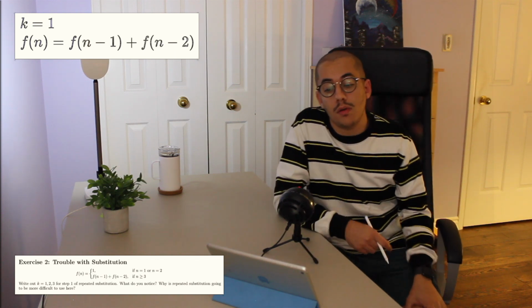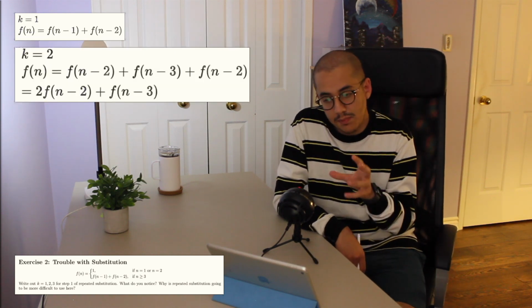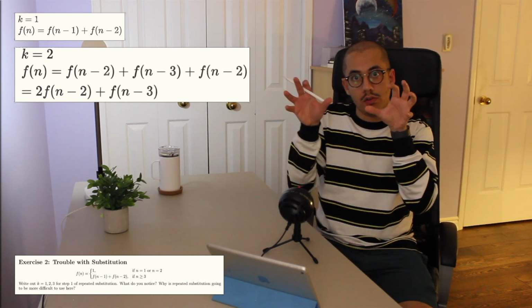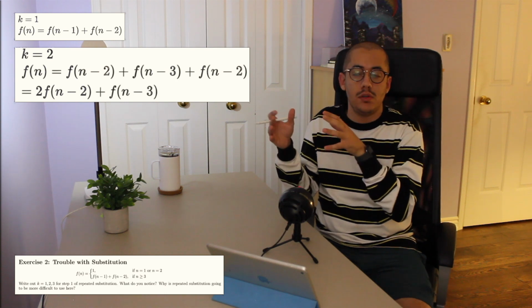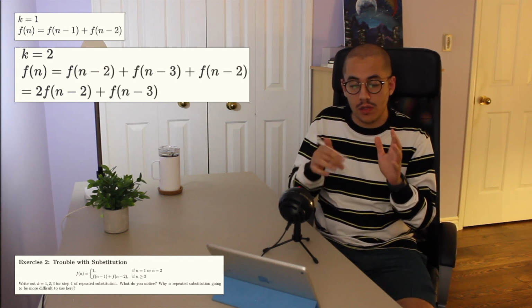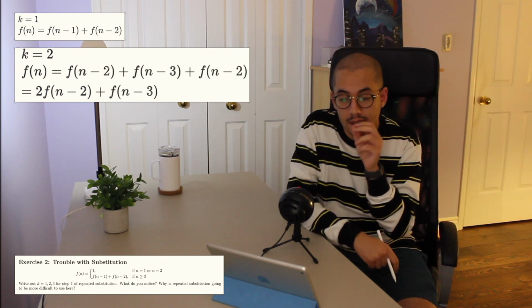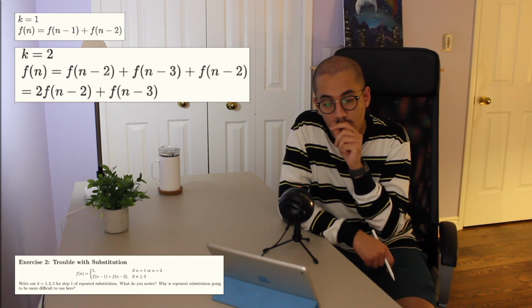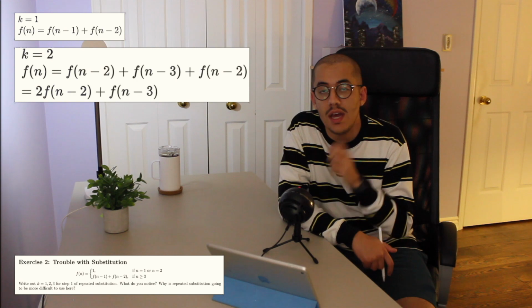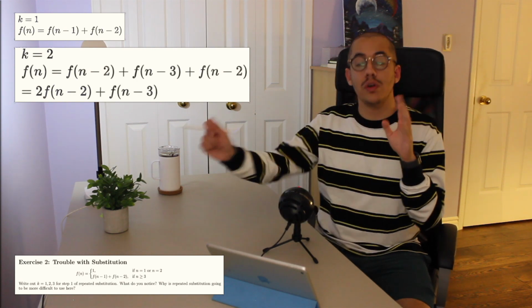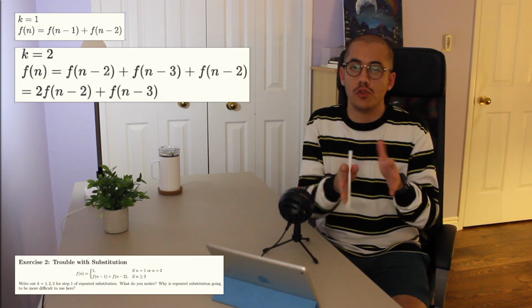The second time comes around, because it has two recursive functions in there, fn minus 1 and fn minus 2, for the sake of argument I'm only going to do the first one, because it's going to be accumulating way more and more terms, and just doing one of them for this example will prove my point.